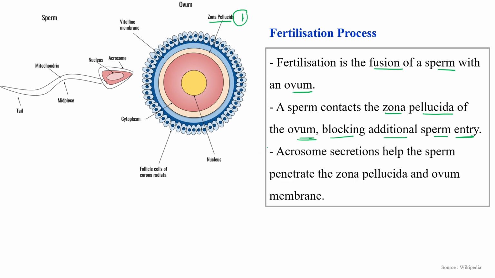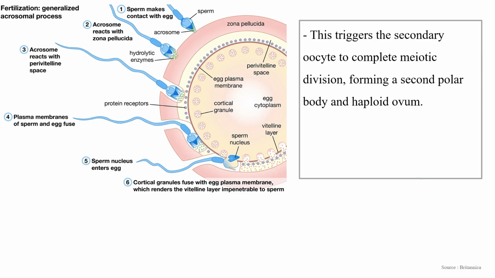And for the contact, initially the acrosome, which is present on the topmost position of the head, contains certain digestive enzymes. So these secretions help the sperm to penetrate this layer of the ova, the zona pellucida and the ovum membrane.